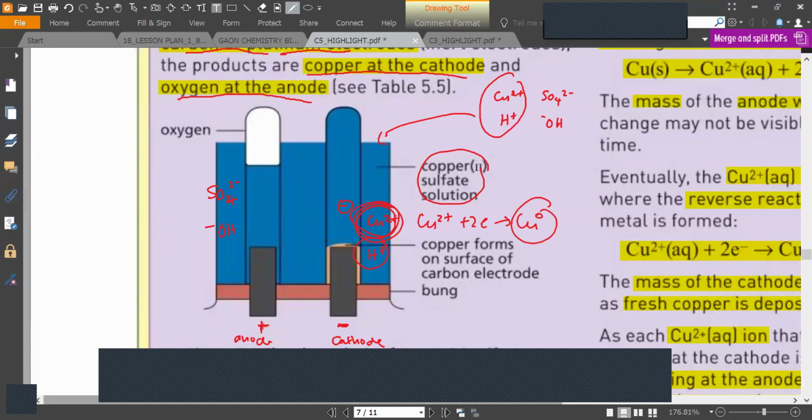Here we have 2 options, sulfate and hydroxide. Which one will react? In this situation it is always hydroxide, because sulfate is very stable. Most of the time it will not react. So here we will get oxygen gas, and we get copper metal here. This is how we analyze the situation.